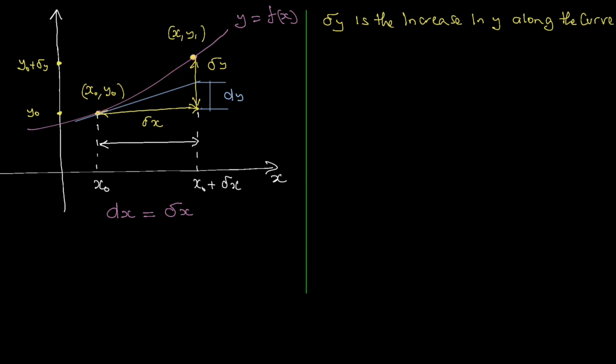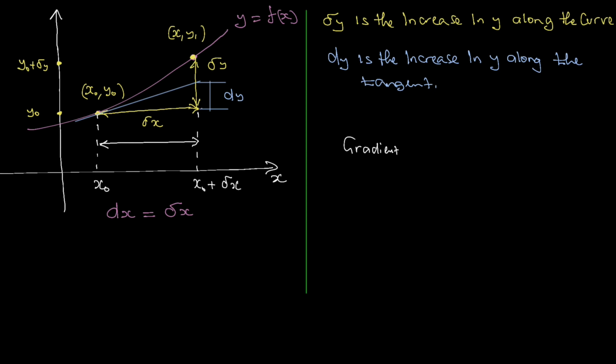And we're going to draw a tangent to this point here, and that tangent will have a gradient. We want to bring this gradient down to that point to meet that tangential point here. So the dy is the increase in y along the tangent. They both have the same dx, and for the delta y also has delta x.